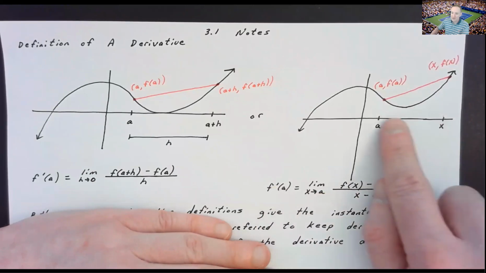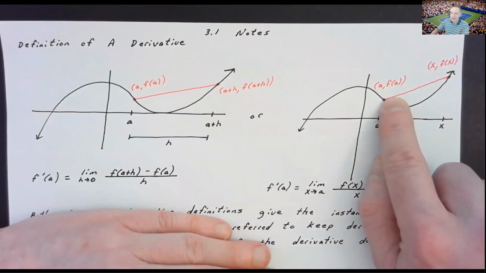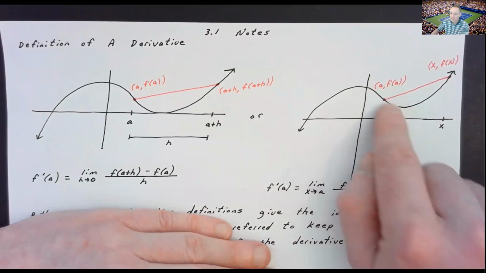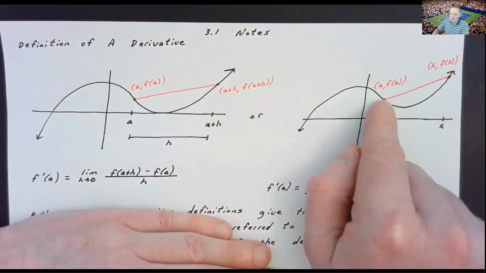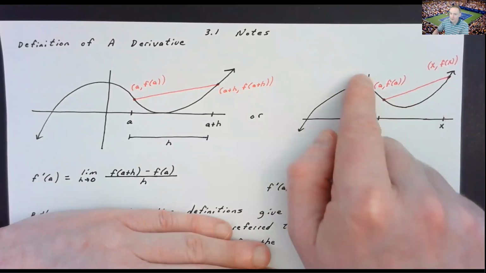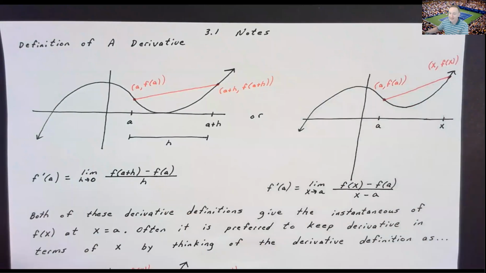As x approaches a, this second point gets infinitesimally close to this first point, and as it does that, the slope of the secant lines that you're finding start giving you the slope of the tangent line at that point on the curve. It takes on the exact shape of the curve at that instant.